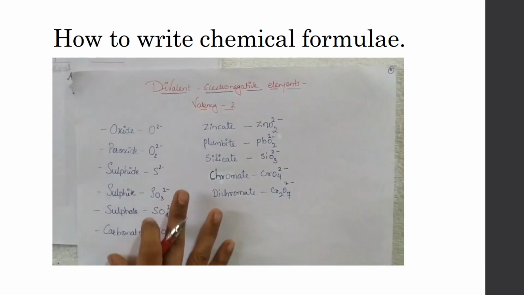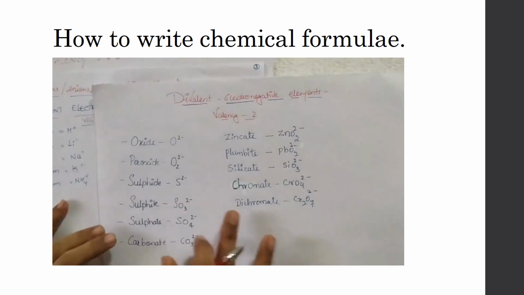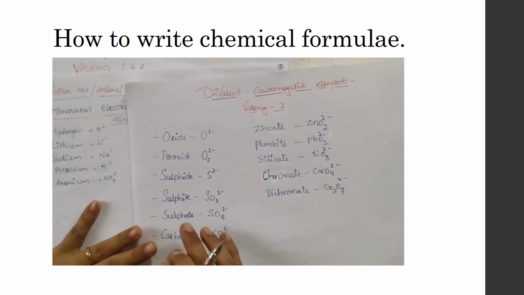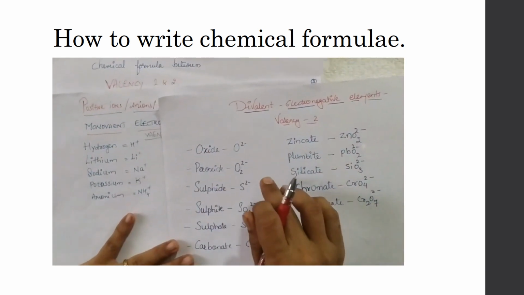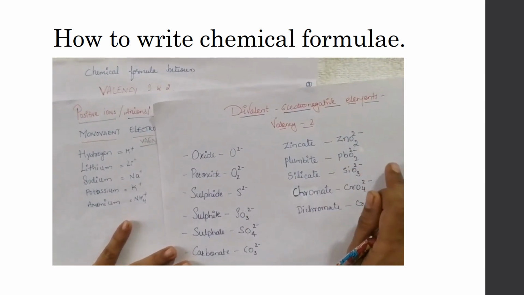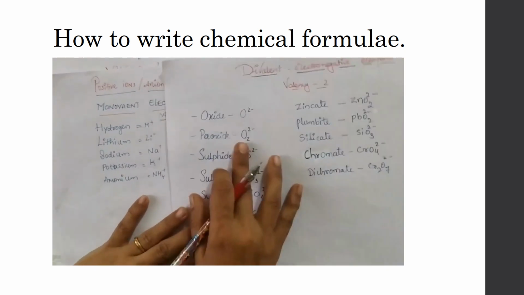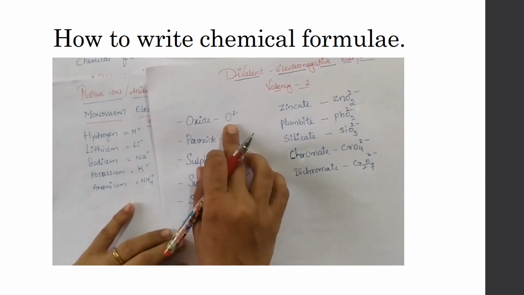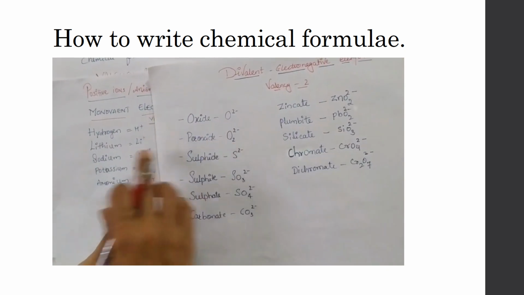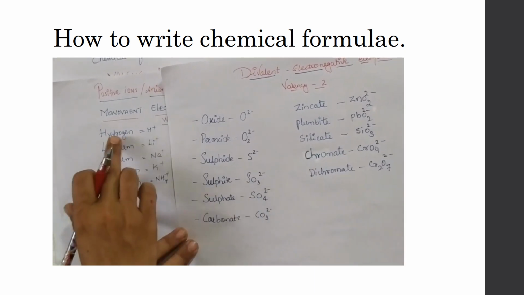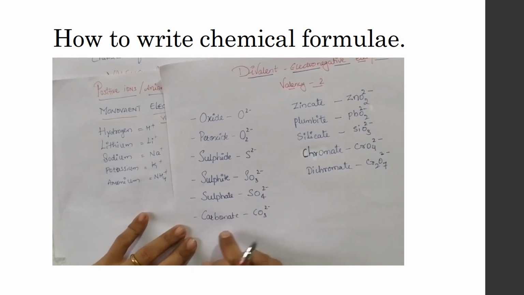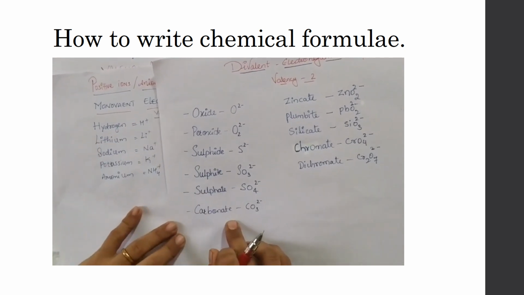We will write the formula for valency 1 and valency 2, meaning monovalent electropositive to divalent electronegative elements. Examples: hydrogen oxide, hydrogen peroxide, hydrogen sulfide, hydrogen sulfate, hydrogen sulfite, hydrogen carbonate.